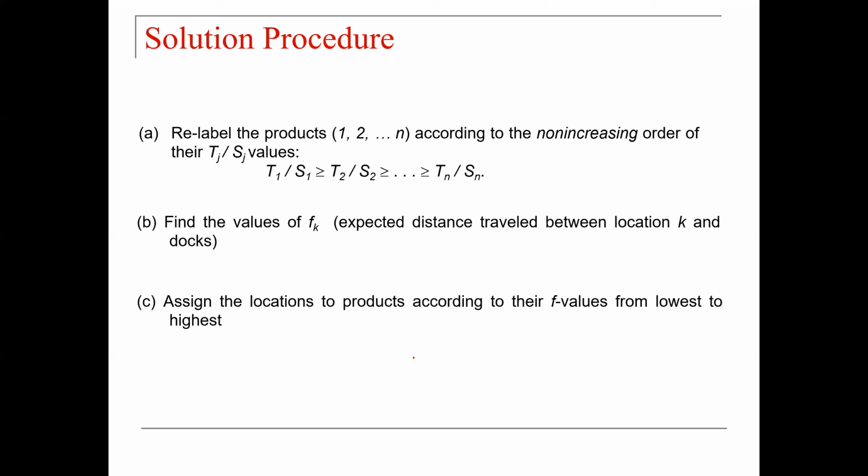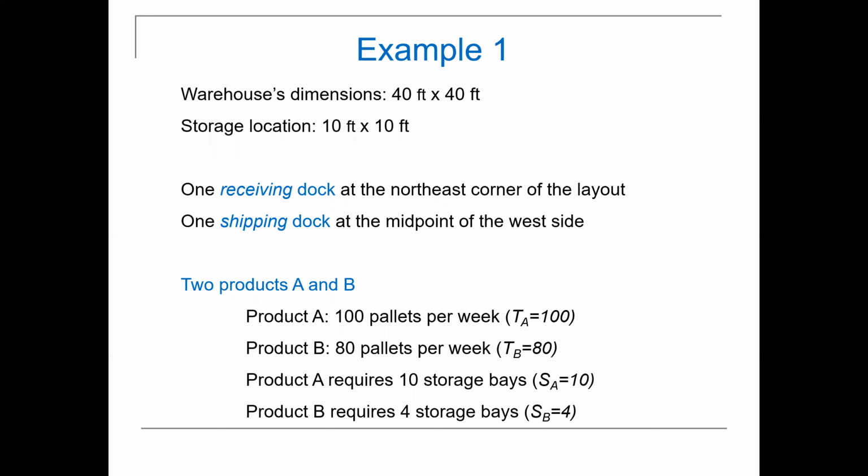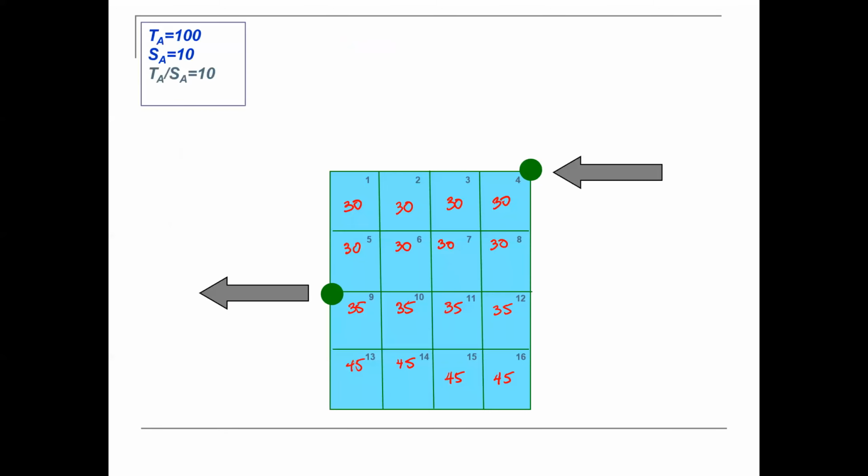Meaning that, as in part A, we are ordering the products based on the non-increasing order of the ratios TJ over SJ. So I'm going to compute the ratios for both products. So we have the ratio for A and we have the ratio for B. And we are going to assign first the locations for B because they have a higher ratio. And then after assigning the locations for B, I'm going to assign the locations for A.